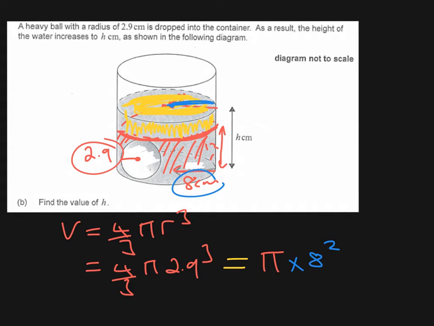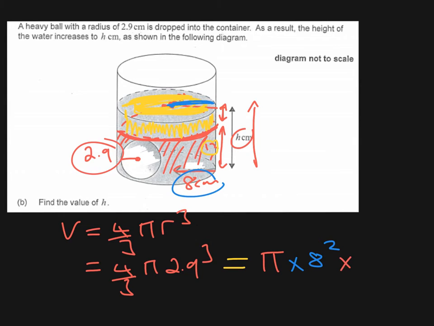Now, the only difficulty here is that we don't actually know this distance here. But fortunately, we know that the total height is h, and we know that the initial height of the water was 12 centimeters. So therefore, we can express the height of the yellow section as the difference between the two.